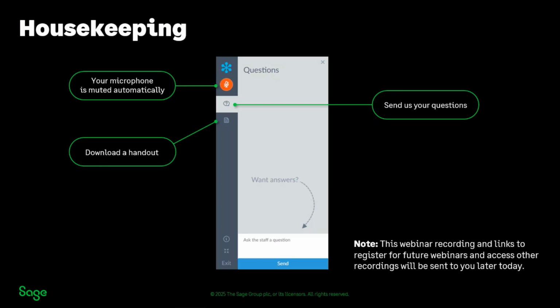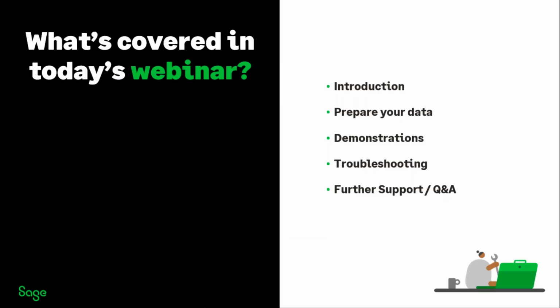Now, today's webinar, we're looking at importing transactions. So we're going to have a brief introduction as to what this means. Preparing your data is on the menu also, and then we're going to have a look at demonstrations, because I always say this, demonstrations are the best way to learn. You can click along in your program if you want to. It's a bit difficult with importing transactions, and I would steer clear of it in this instance, because you may be importing something that you don't want, but you can always click along the directions, if you know what I mean, without actually importing anything at all.